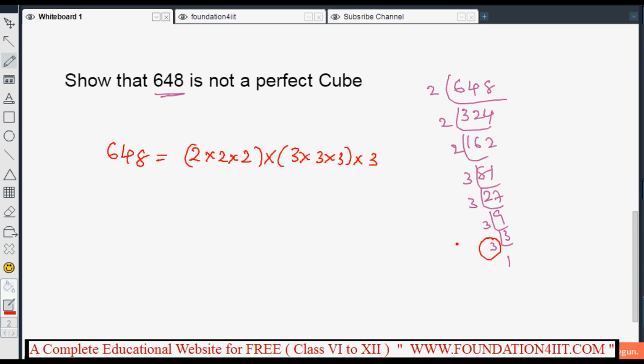So it's clearly 648 is not a perfect cube, because everything should be in triplets. The same number should appear 3 times to say it is a perfect cube. Now 2 is 3 times, 3 is 3 times, and one extra 3, so 3 is 4 times, so clearly it is not a perfect cube.